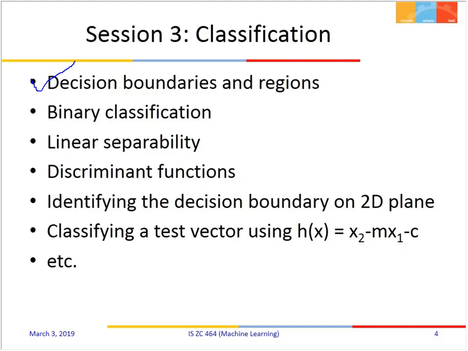So in regression, you try to approximate a line or a curve to the given data, while in classification, you try to approximate a decision boundary that separates the data belonging to two classes in the best possible way. So in classification, we have separability as a concern.